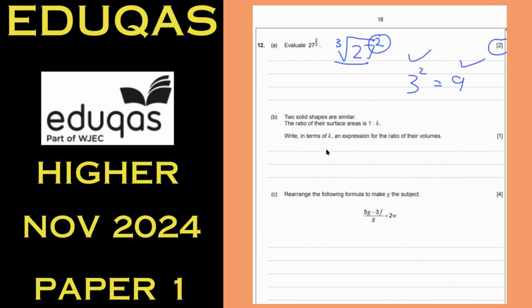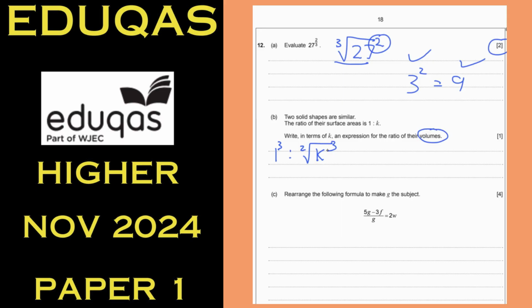Part B. 2 solid shapes are similar. Surface area is 1 to k. In order to do it for linear, you would square root both sides. Square root of 1 is 1. Square root of k just looks like that because we can't do it. But to go for volume, each of these should be cubed, for volume is 3 dimensions.